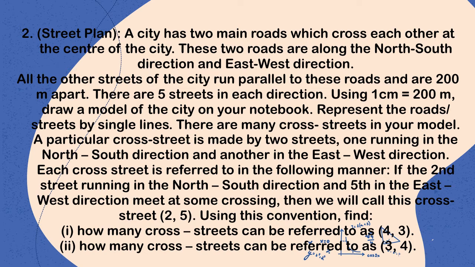There are 5 roads in the east-west direction and 5 roads in the north-south direction, and the distance between consecutive roads is 200 meters. So we will use the scale of 1 centimeter equals 200 meters, meaning the distance between two roads will be 1 centimeter each.